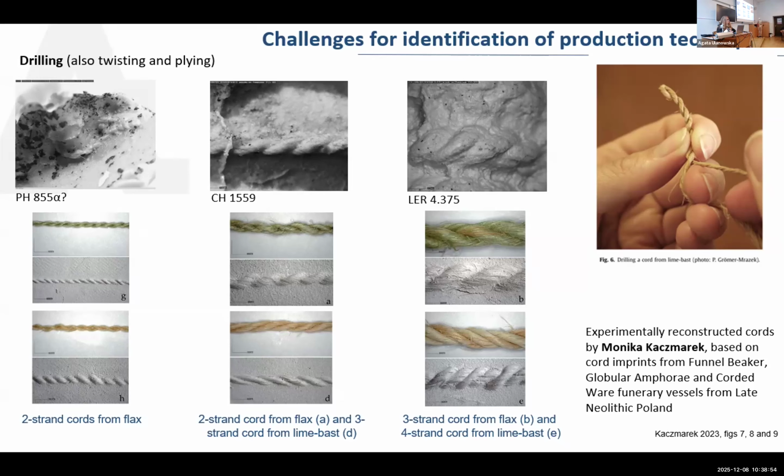As you may see, recognizing how many strands were used to make the cord is not so easy based on imprints, and 2-strand and 3-strand cords can look pretty much similar, so I would not dare to define which one is 2-strand and which one is 3-strand.